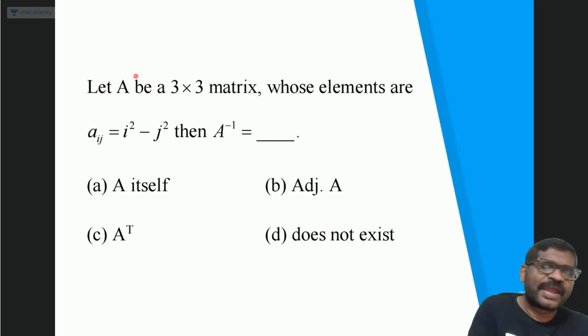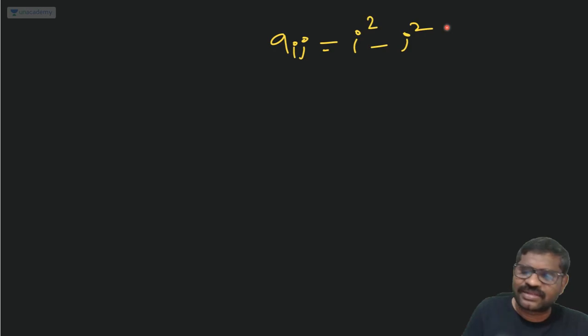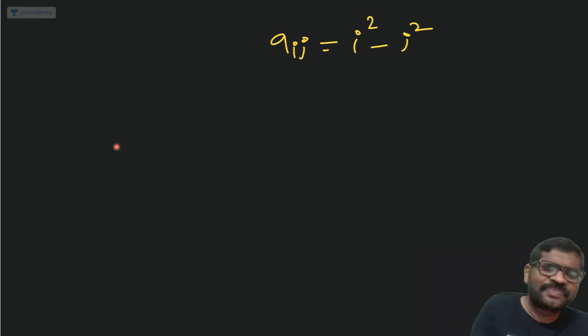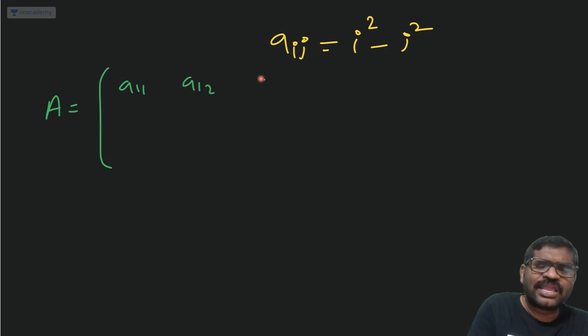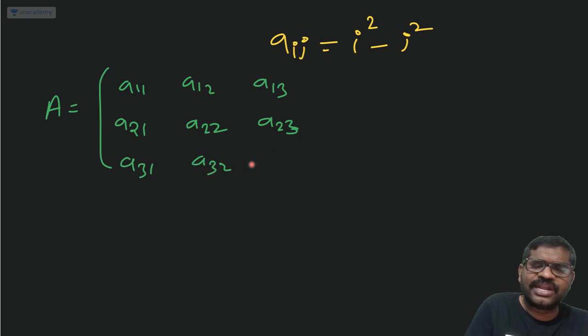Here matrix is 3 cross 3. So let us take 3 cross 3. A is 3 cross 3. A11, A12, A13, A21, A22, A23, A31, A32, A33.